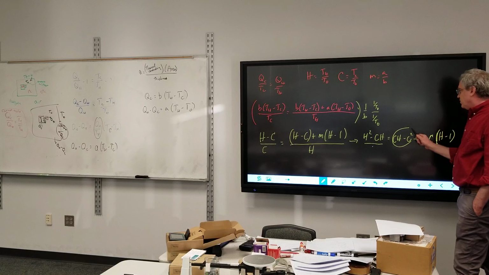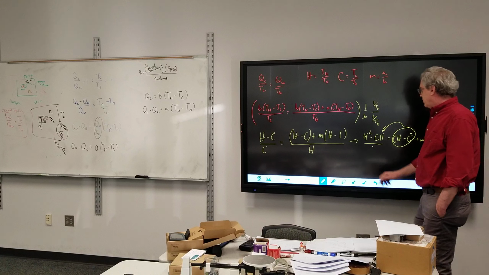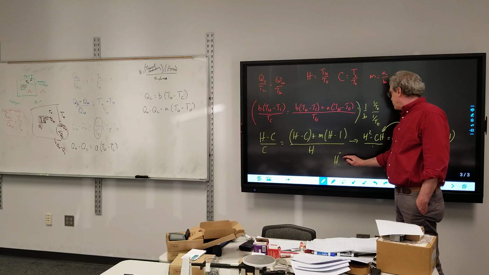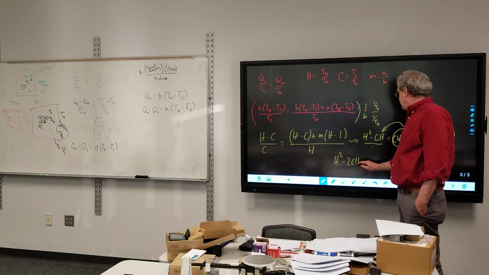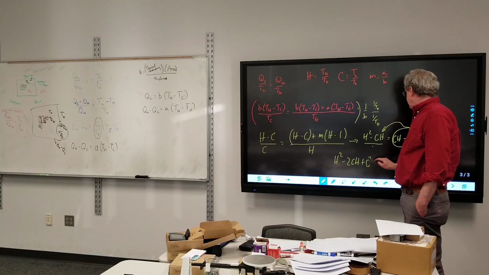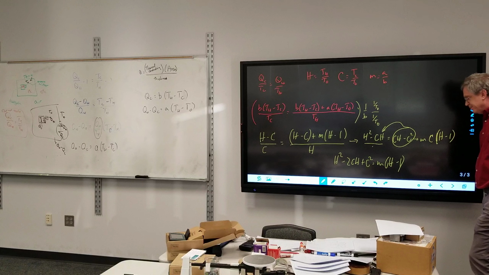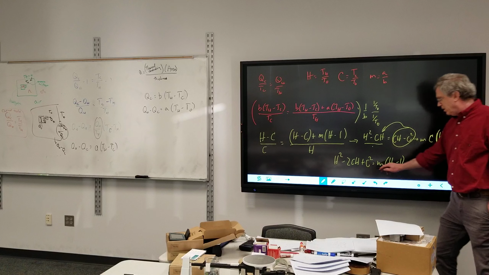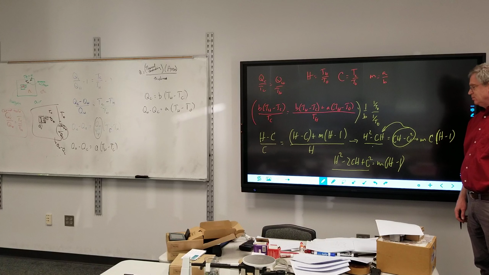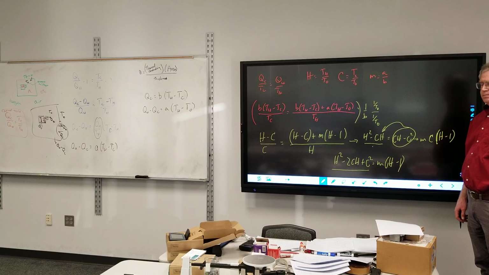I'm going to get this over to the other side. So I end up on the left-hand side with H squared minus 2CH plus C squared is equal to M times H minus 1. And what is that? Difference of squares? Square of differences.